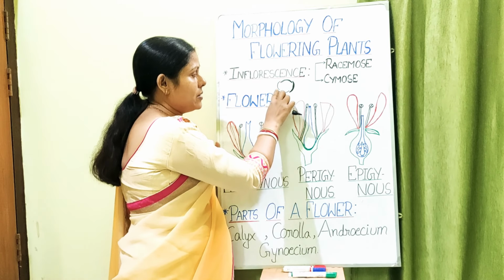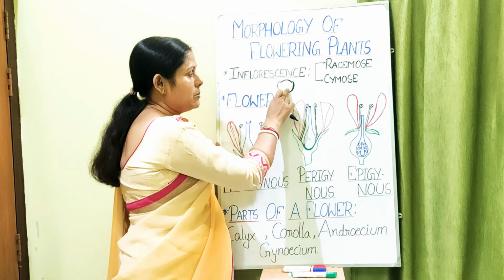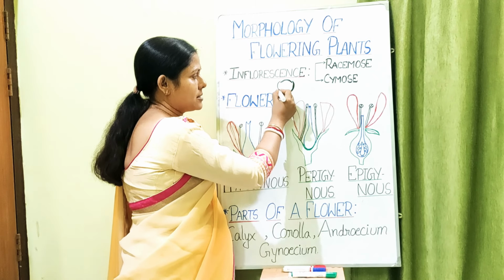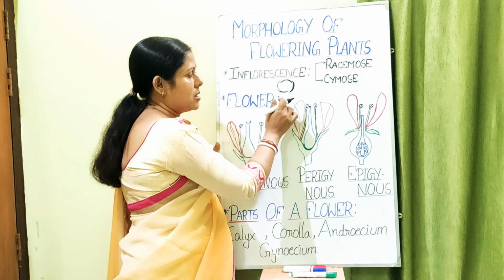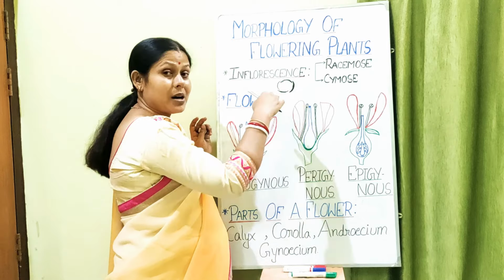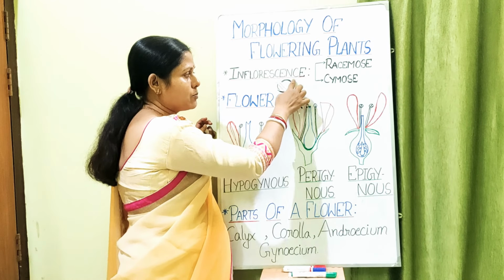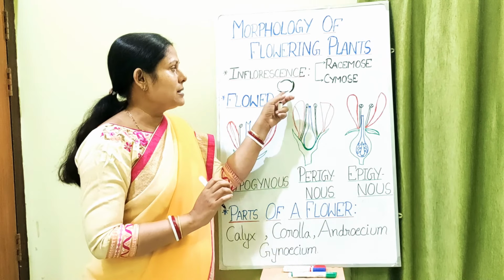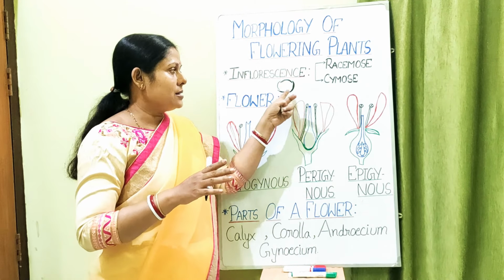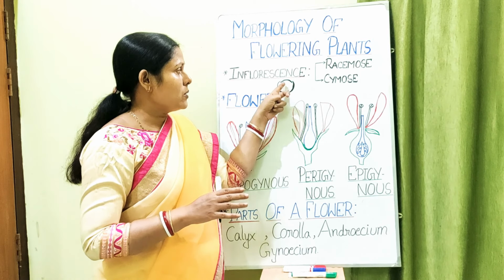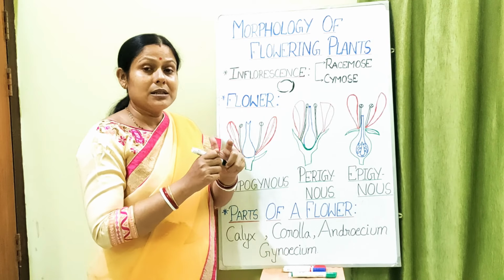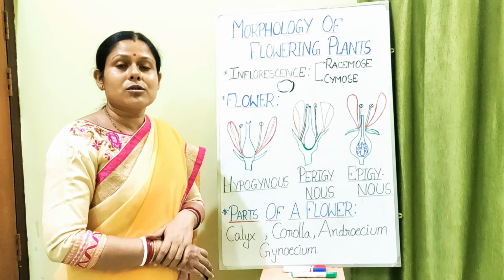And there will be another member, this one, which is overlapping from outside. That means both its margins are not overlapped by the next members. It is rather superior, overlapping the other 2 floral members, and this one from both sides is inward, being overlapped by the next 2 members. This type of aestivation is called imbricate.